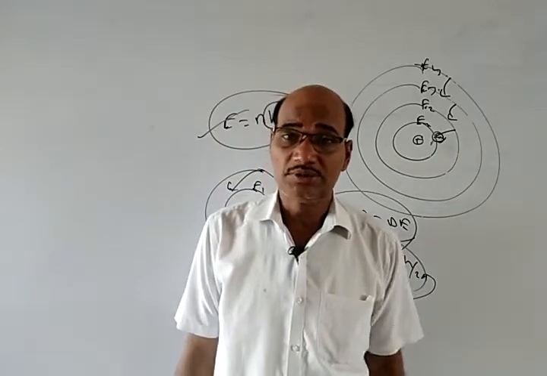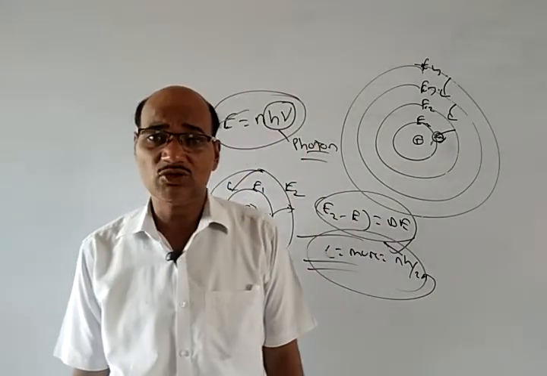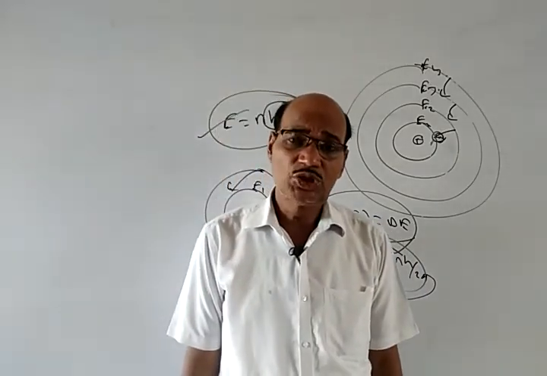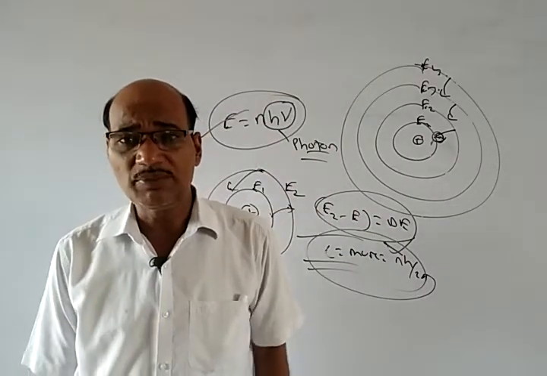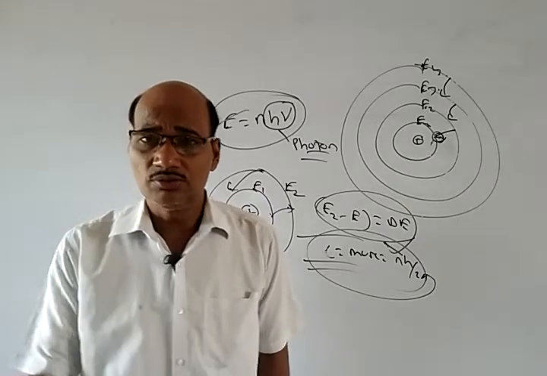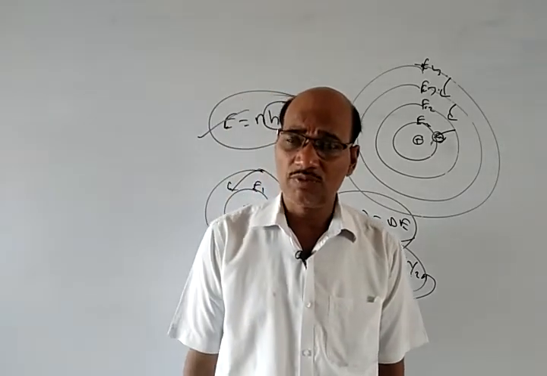After that, the quantum mechanical view came into play through de Broglie. De Broglie spoke about the dual nature of the electron, that electrons can behave both as particle as well as wave.